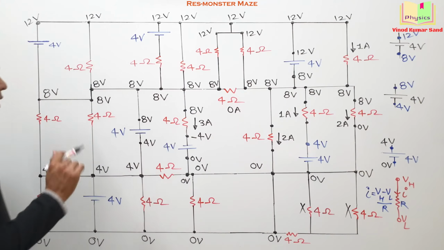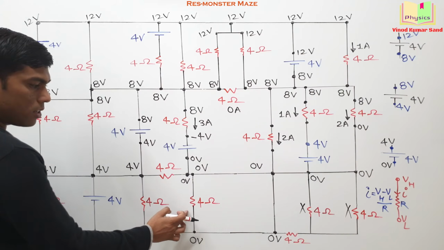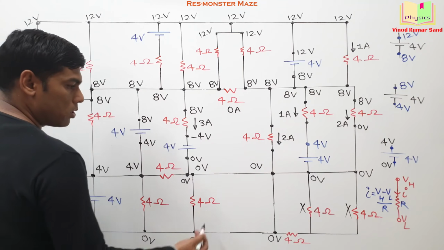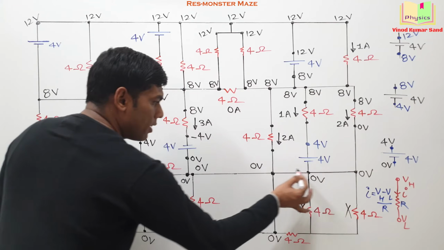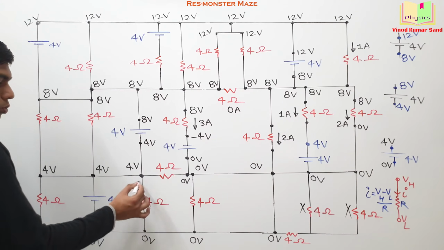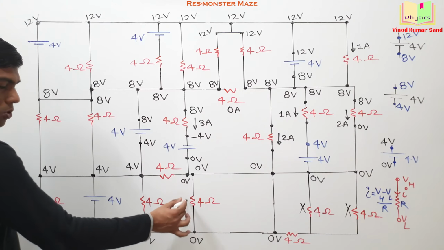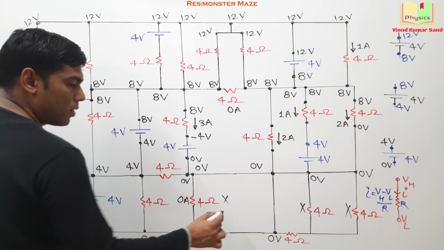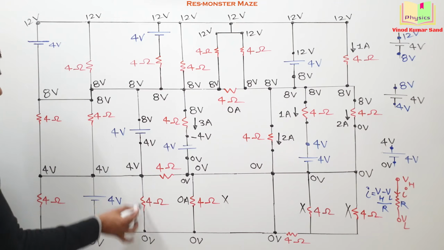Okay. Going further, for this resistor there should not be any current, 0 volt, 0 volt. So it is a short circuited path, and you can see the current will pass like this along this path. So for this resistor I was talking about, there is no current. Here is 0 ampere, no current. Okay. Now look at this resistance.